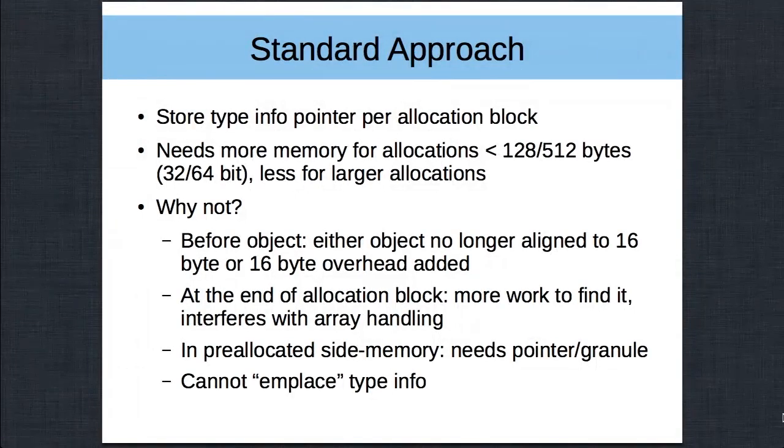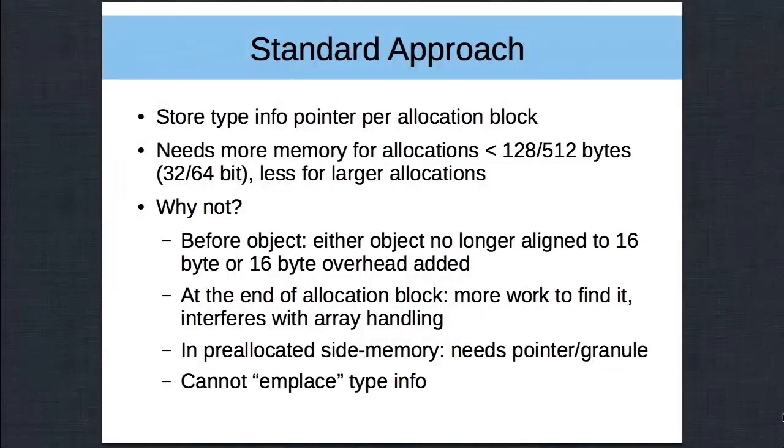Also, if you store it at the beginning of the allocation block, you might run into problems with alignments, as you usually want to have 16-byte alignment for each new allocation, as it is presented to the caller of the malloc function. And at the end of the allocation block, it's more work to actually find the info pointer, and it currently would interfere with the array handling, which also stores information at the end of the allocation, though that would be feasible.